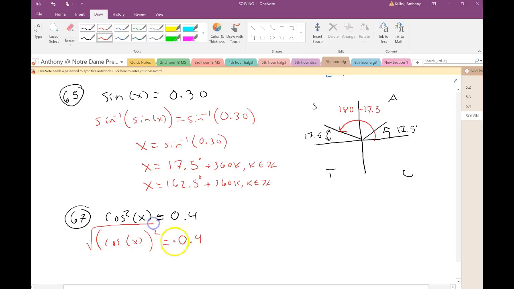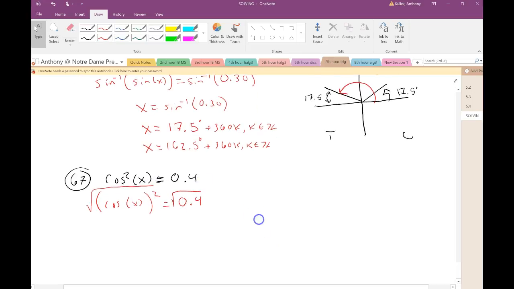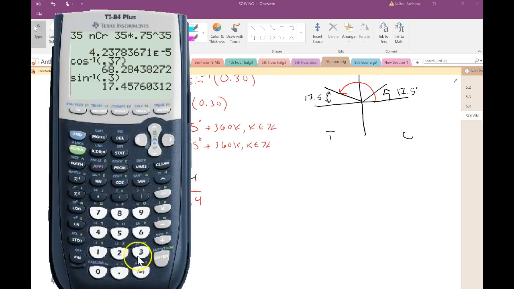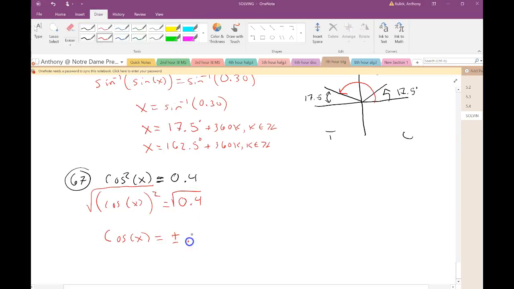Square root. When I square root both sides of an equation, what do I need to remember? Plus or minus. So let's do the square root of 0.4. So that's 0.6 yada yada yada.